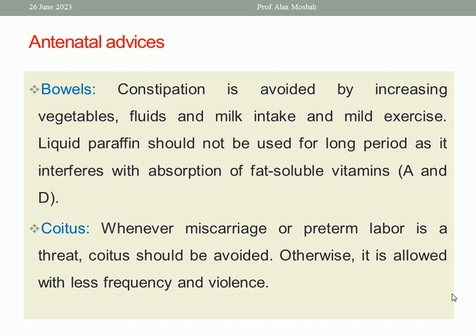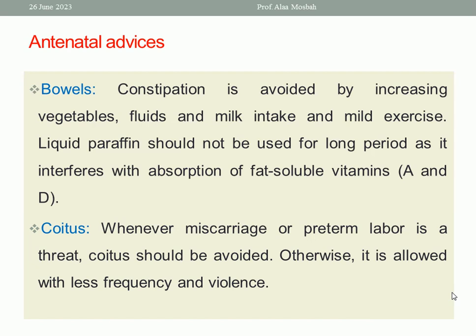What about sexual intercourse? As regards coitus, is it prohibited during pregnancy or not? Whenever miscarriage or preterm labor is a threat, coitus should be avoided. Otherwise, it is allowed with less frequency and violence.